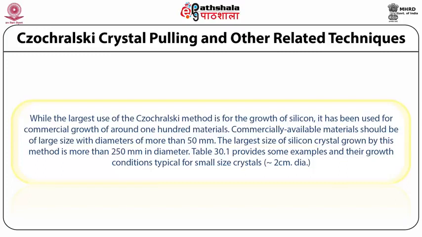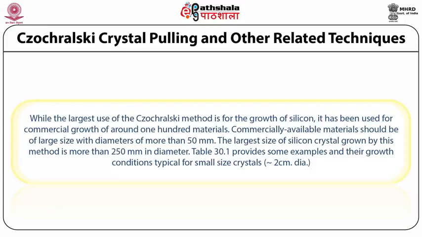Commercially available materials should be of large size with diameters of more than 50 mm. The largest size of silicon crystal grown by this method is more than 250 mm in diameter.